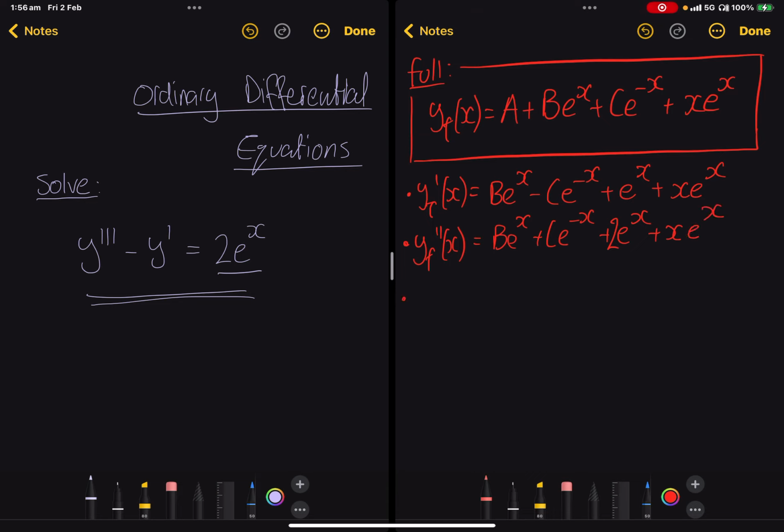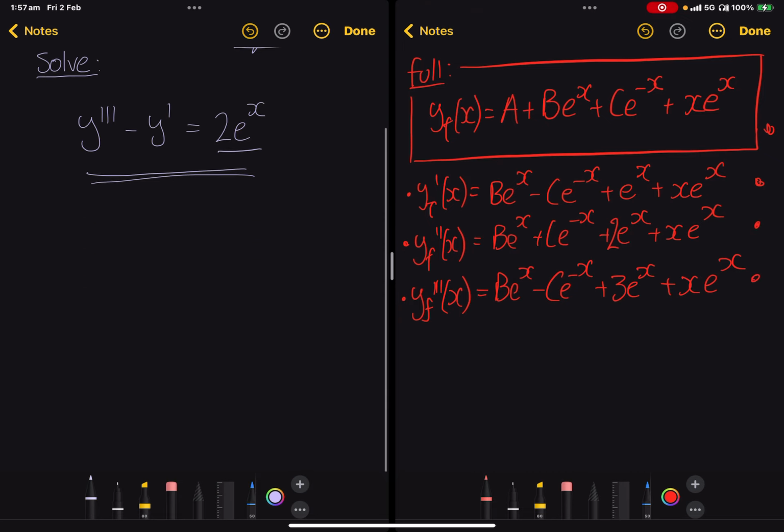And then we get the third derivative, y full triple prime of x is equal to b e to the x minus c e to the minus x plus 2e to the x plus an extra e to the x, that's 3e to the x plus x e to the x. So we have our function, our first derivative, our second derivative, our third derivative. Now we can plug them in to the ODE that we started with.